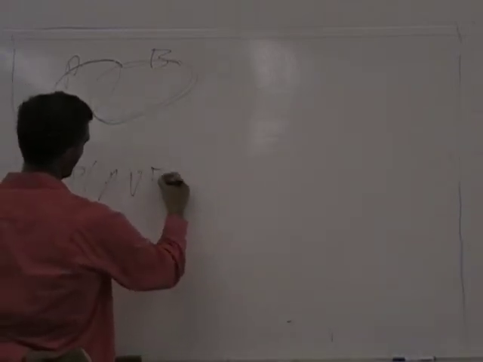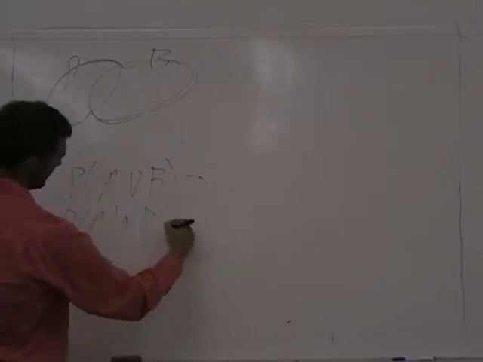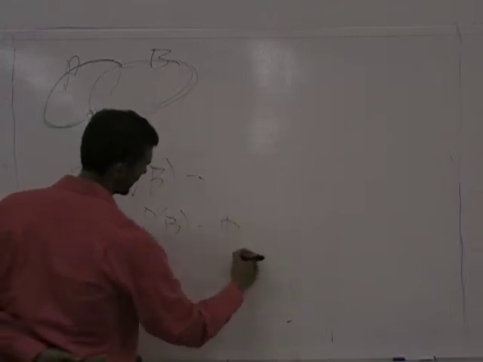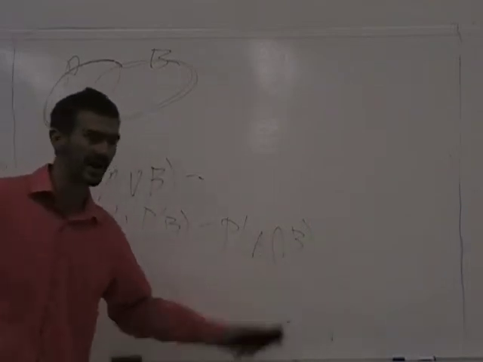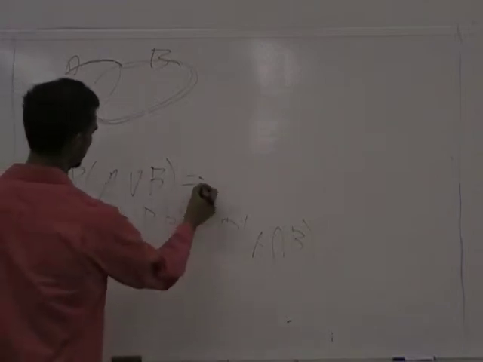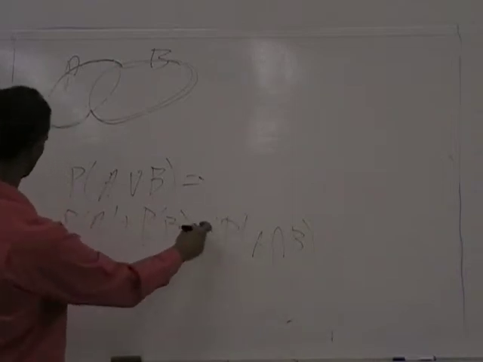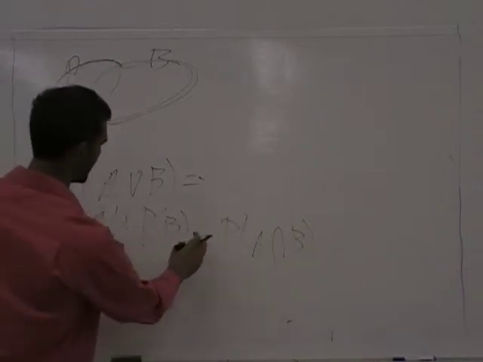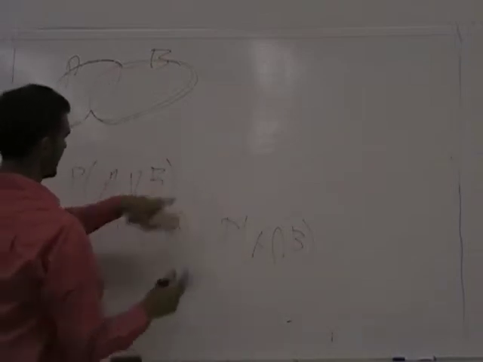Probability A union B equals probability A plus probability B minus probability of the intersection A intersect B. Okay, so the probability of the intersection is this minus this equals that.